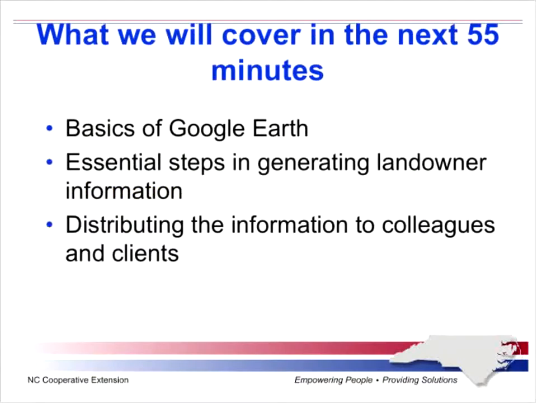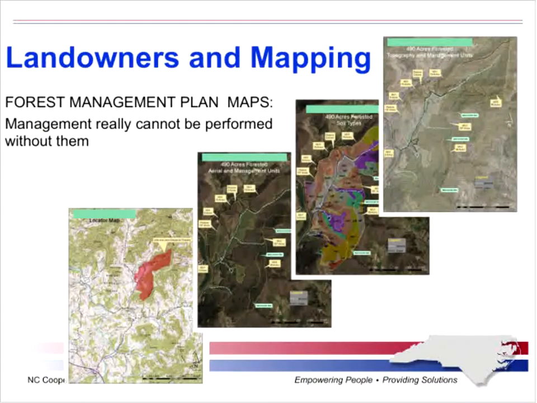So what we'll cover over the next 55 minutes are some of the basics of Google Earth, how you navigate around through it, and how you basically create some projects in generating landowner mapping information, and then how you would quickly be able to distribute that information out to folks.